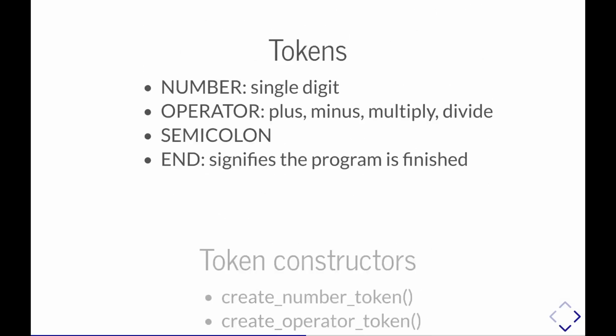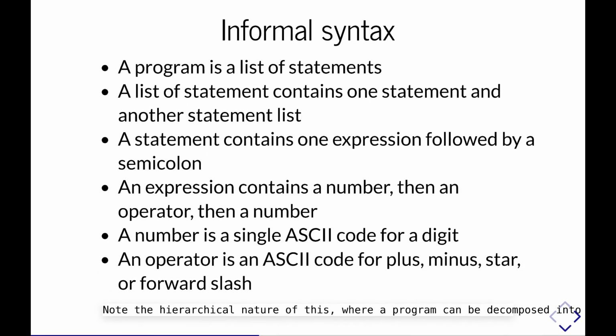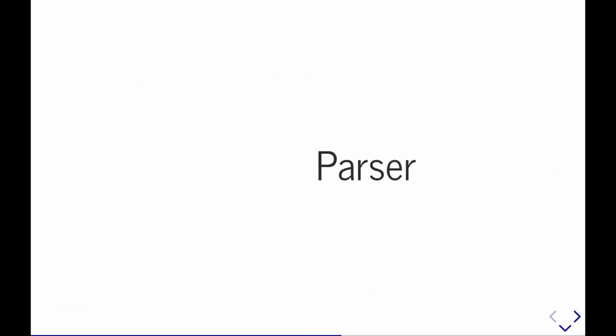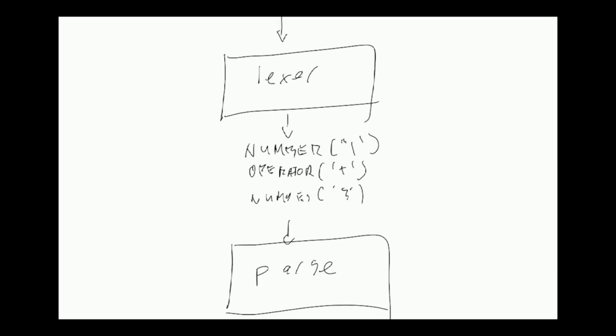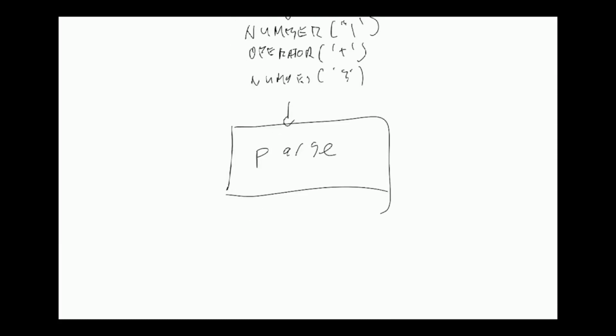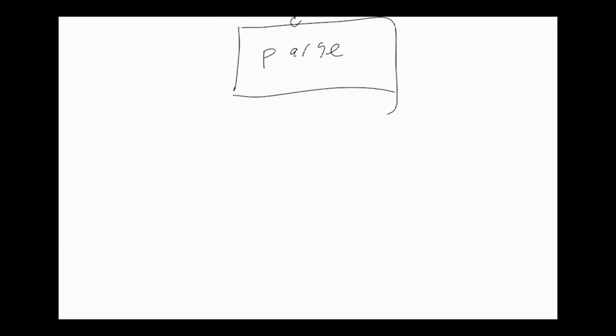So recall our informal syntax here. In our informal syntax, we had a program, a statement list, a statement, expression, number, operator. And it has this hierarchical nature to it. So we're going to break down this input here into a parse tree, a tree that's going to diagram our input.